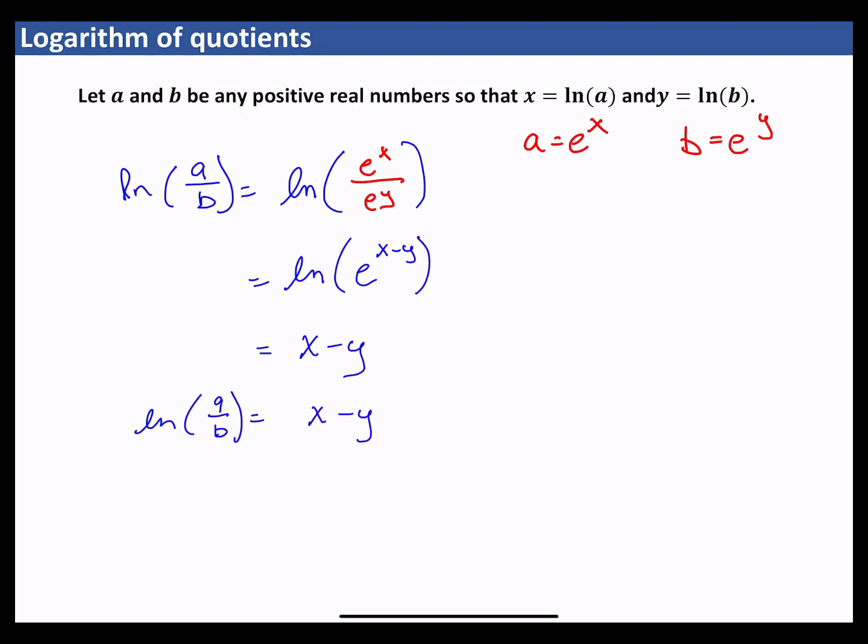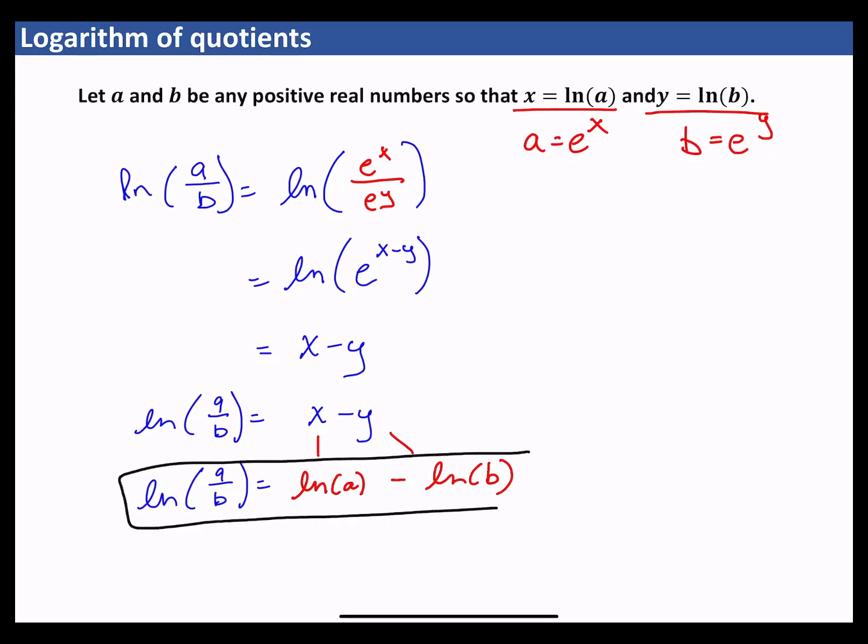And lastly, recall that x equals the natural log of a and y equals the natural log of b. So we really have the natural log of a divided by b equals the natural log of a minus the natural log of b. Again, similar reasoning would show that the same property holds for logarithms of any base, not just the natural logarithm.